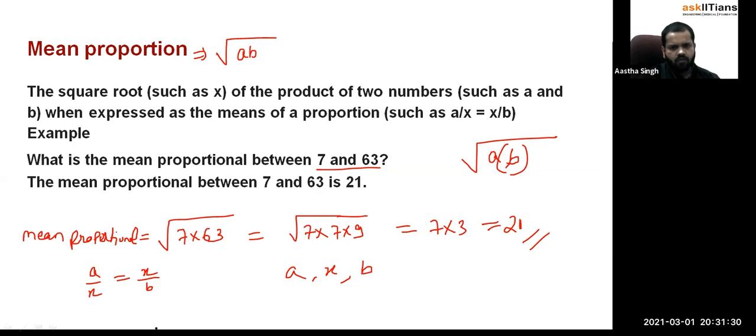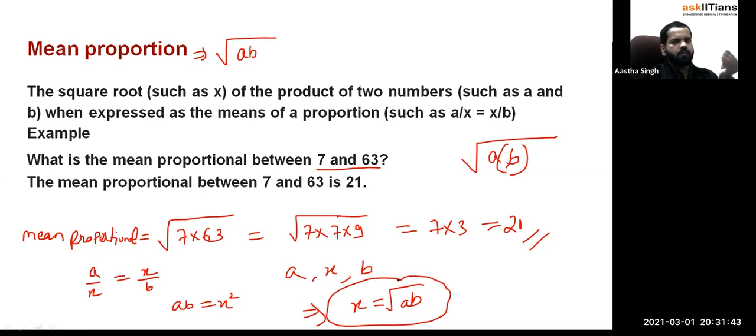If you cross multiply, AB will be x square, so x is equal to the square root of AB. This is what mean proportion is. So A upon x equals x upon B, multiply, x square is AB, and x equals the square root of AB. The point is clear, right?